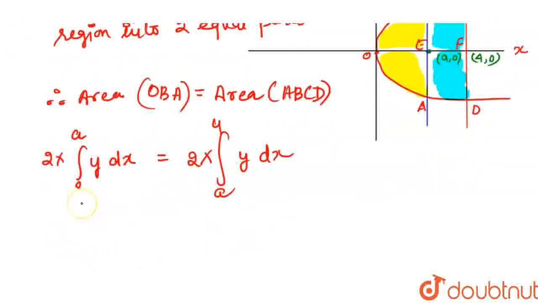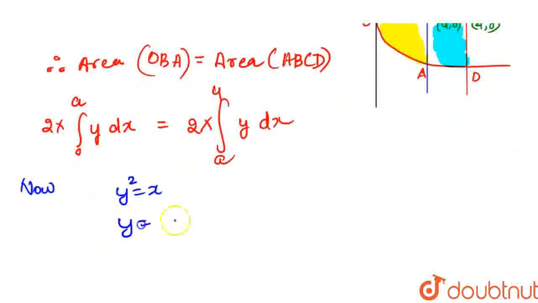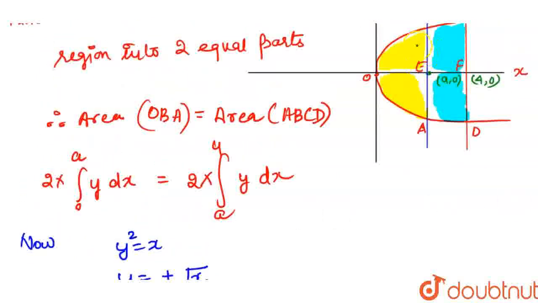And we know that the equation of the curve is given to be y square equals x, so from here y will be equal to plus minus root x, and we have considered the positive region only.